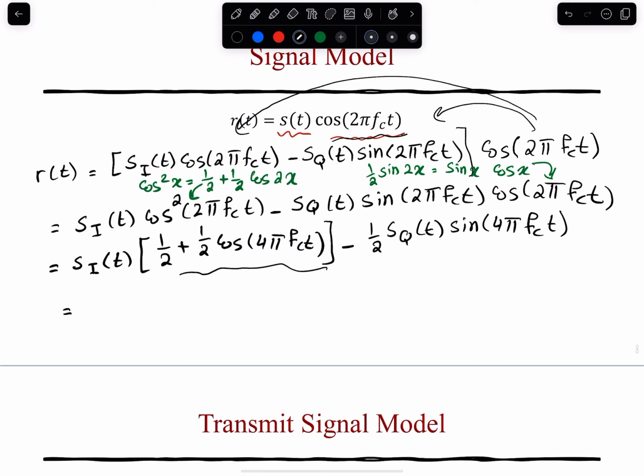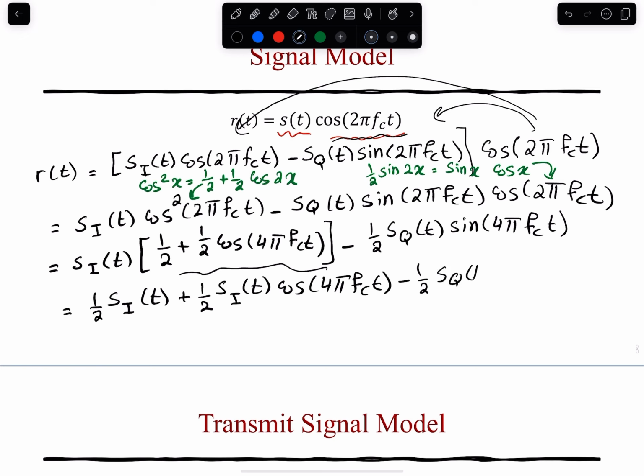And let's expand this. So this one is going to be half s_I(t) plus half s_I(t) cosine 4πfct minus half s_Q(t) sine 4πfct.